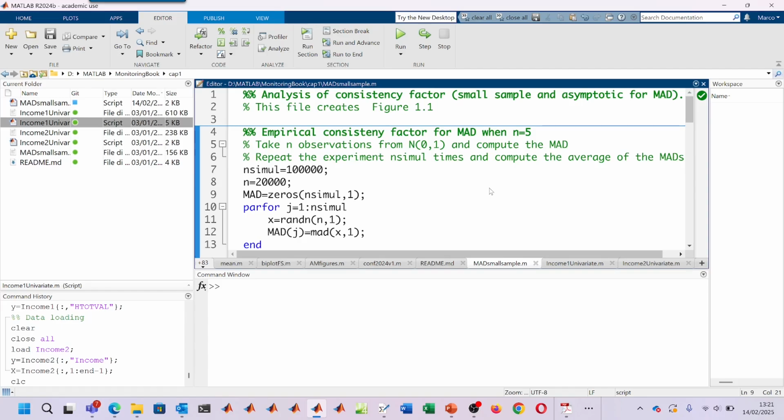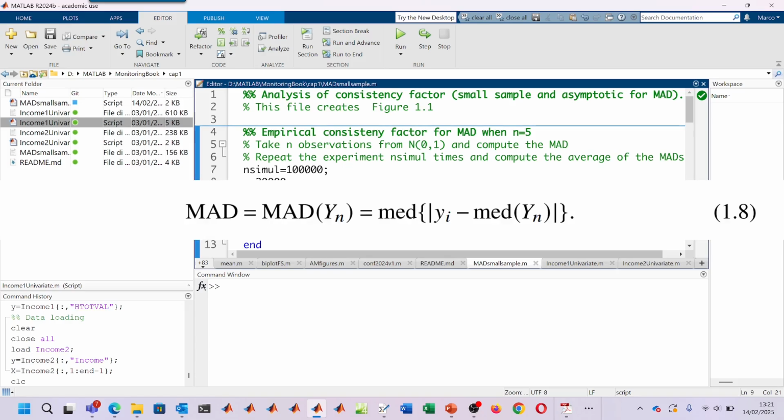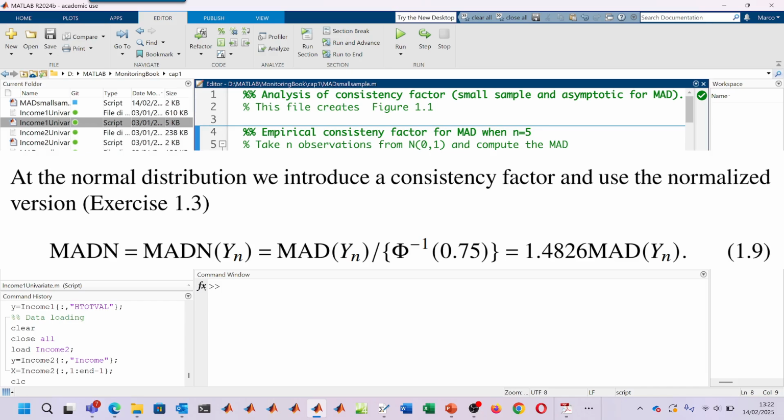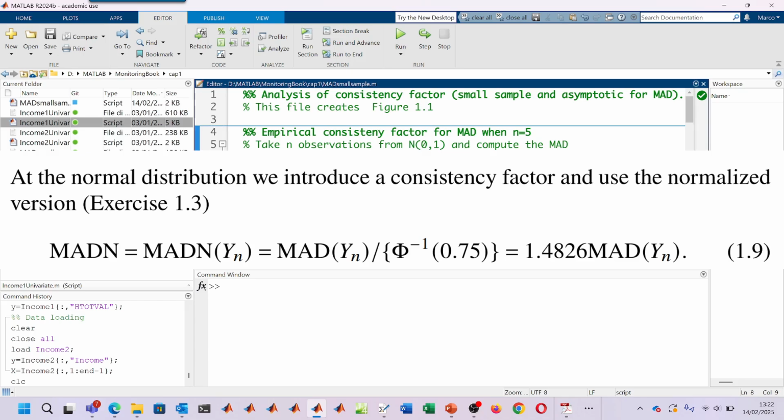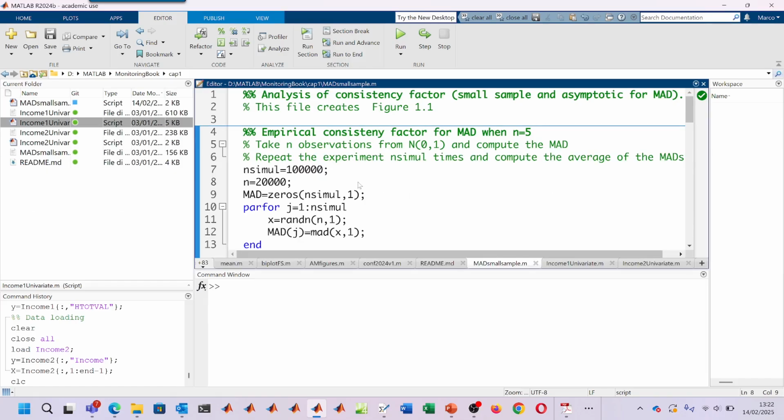As concerns the estimate of scale, we concentrate on the standard deviation and the median of the absolute deviations from the median. Analysis of MAD enables us to introduce and recall the so-called consistency factors. These consistency factors play a very important role in the analysis of robust statistics.